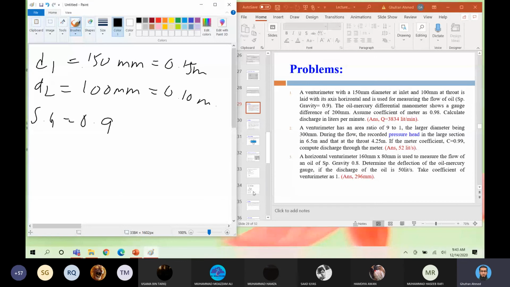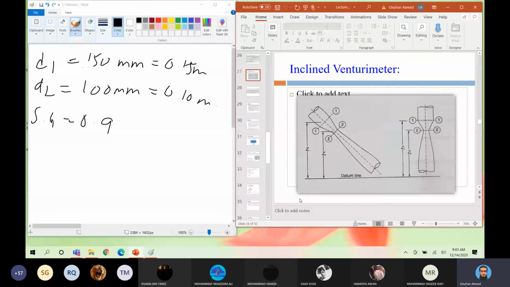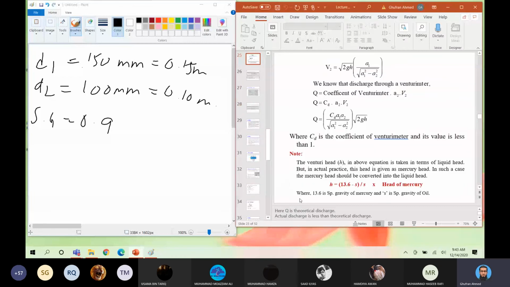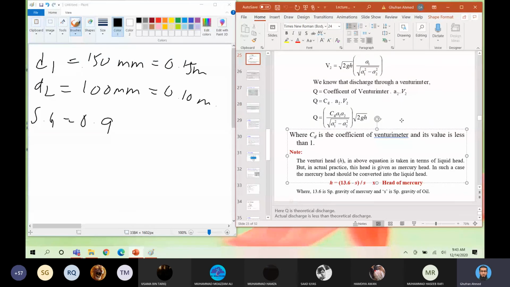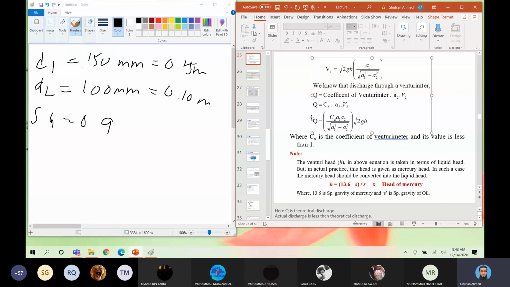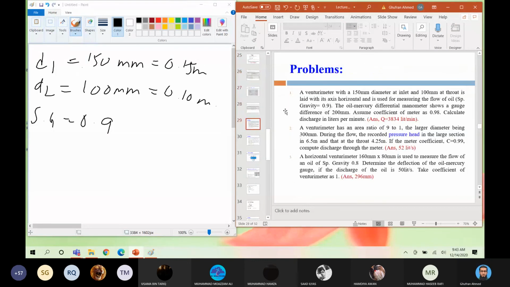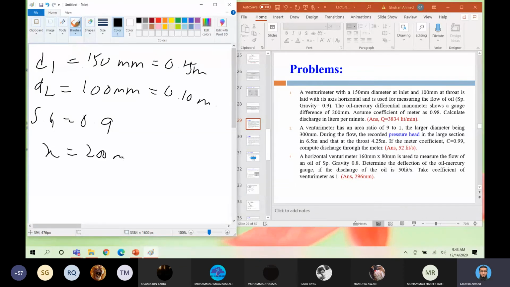तो ये फार्मूला में अगर हम देखें, ये x जो लिखा है यहाँ पे, so here this is basically x. Coefficient CD जो है that is given which is 0.98.